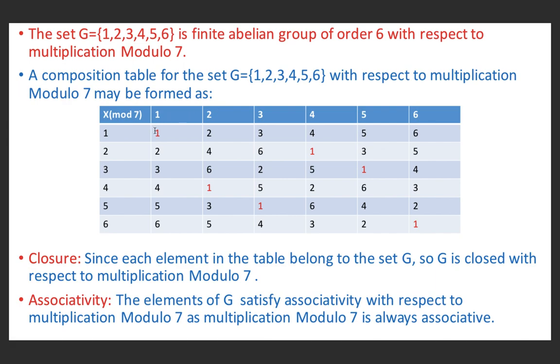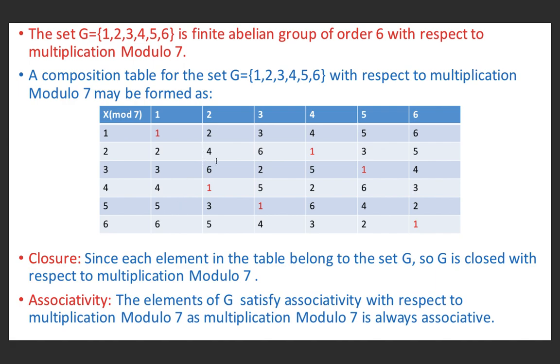Further, we observe that the elements in the main diagonal are 1, 4, 2, 2, 4 and 1. The elements on the right of 1 in the first row are 2, 3, 4, 5, 6, and the elements below 1 in the first column are 2, 3, 4, 5, 6, which are identical.